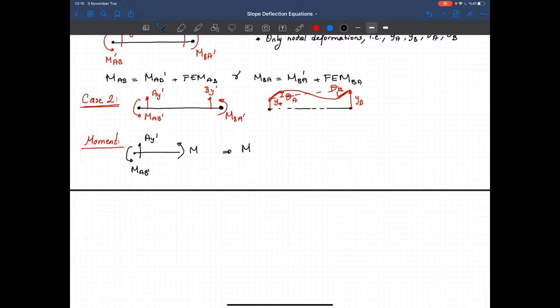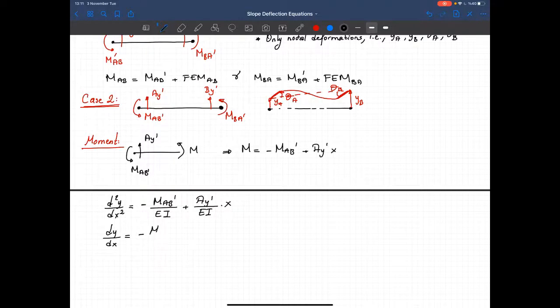From that I obtain the equation of moment as equal to minus MAB prime plus AY prime times X. Then we can write the differential equation d squared y over dx squared is equal to minus MAB prime divided by EI plus AY prime divided by EI times X. Integrated once, dy over dx is equal to minus MAB prime over EI times X plus AY prime over 2EI times X squared plus C1.